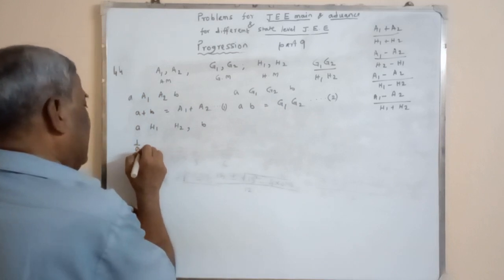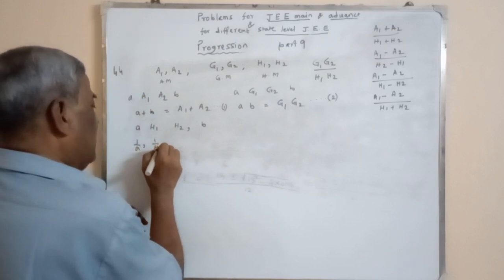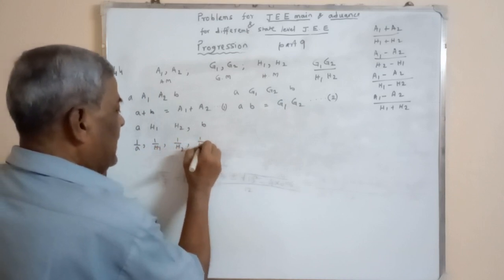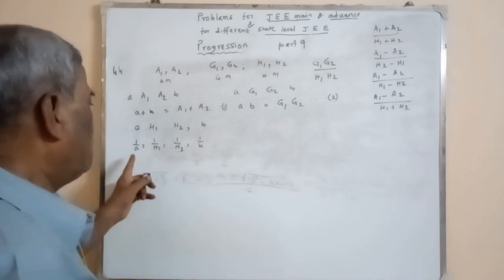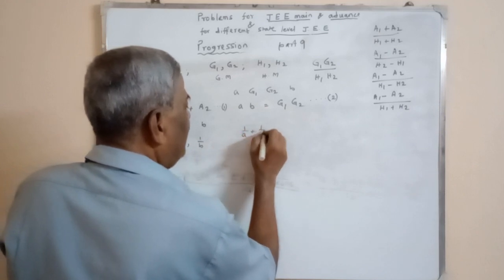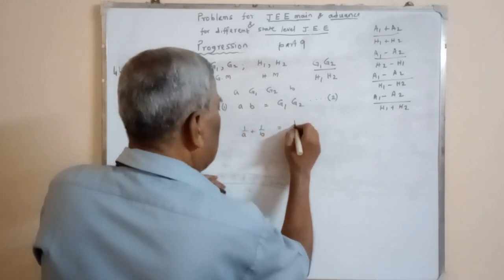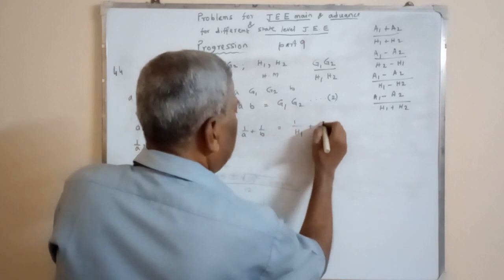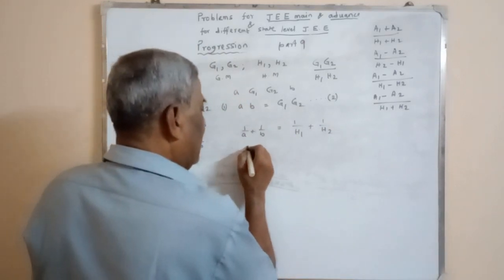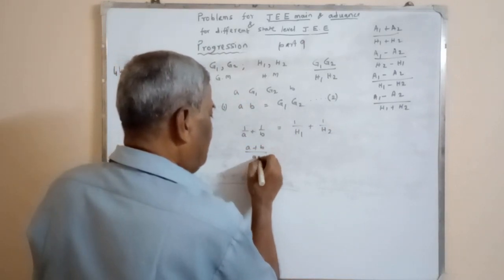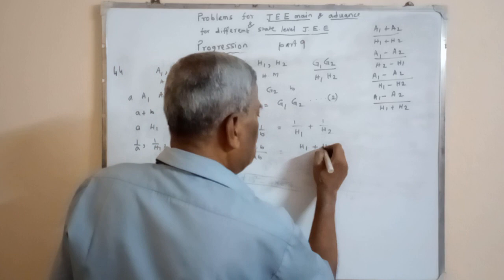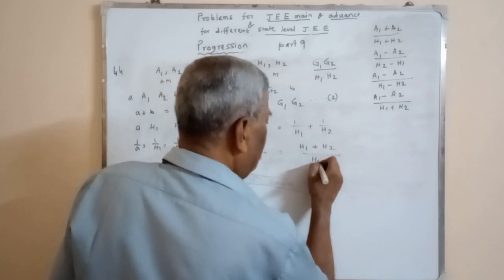Therefore, 1 by A, 1 by H1, 1 by H2 and 1 by B are in AP. Therefore, the sum of two equidistant terms must be the same. So we have A plus B by AB, adding them, is equal to H1 plus H2 by H1, H2.